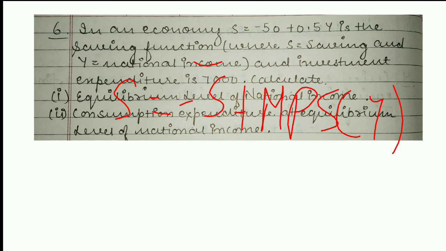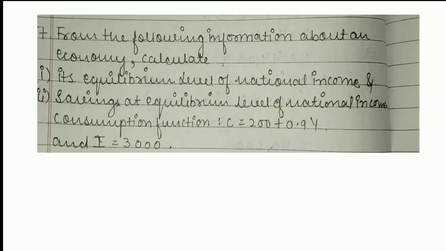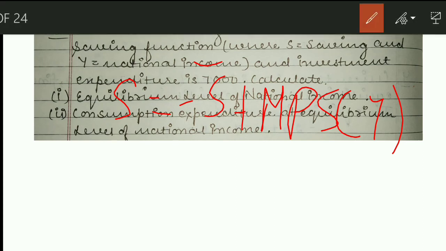Now the question says that investment is also given to us as 7,000 and you know that saving is equal to investment. We have to calculate the equilibrium level of income and consumption expenditure at the equilibrium level of national income. So this question is exactly the same as what we did in the last question. Here also you have to do the same thing. So pause the video and solve it yourself.